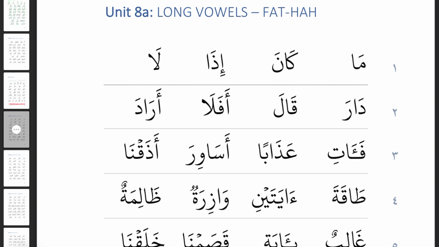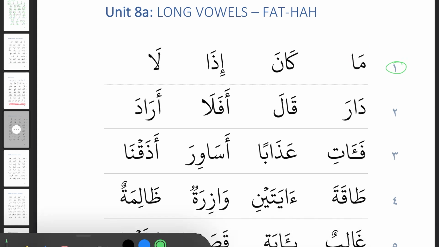So here on line 1, we have a meem with a fatha. Now, I know you all know that a meem with a fatha is ma, but if you notice after it, there is an alif, and this is the rule. So if you have a pen handy or a pencil, just make a note on your booklet that when you have a letter with a fatha followed by an alif, then you get to stretch the vowel.